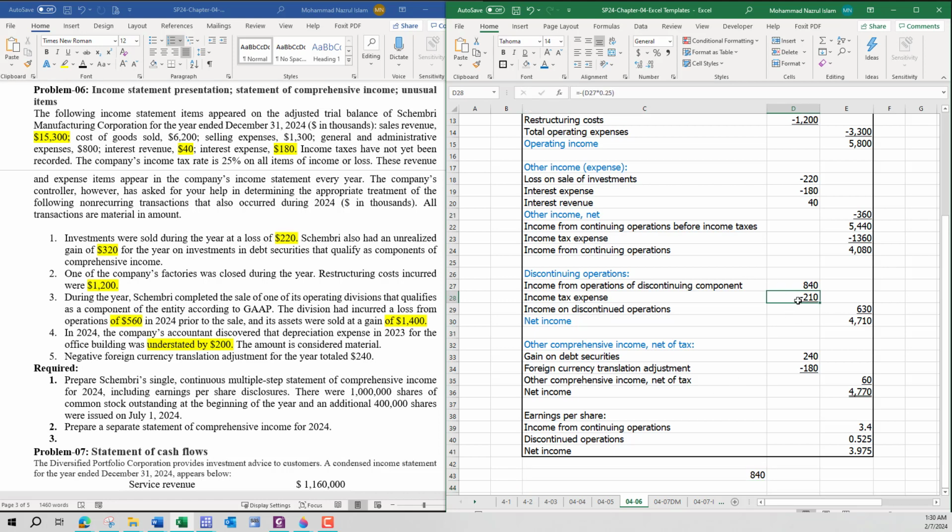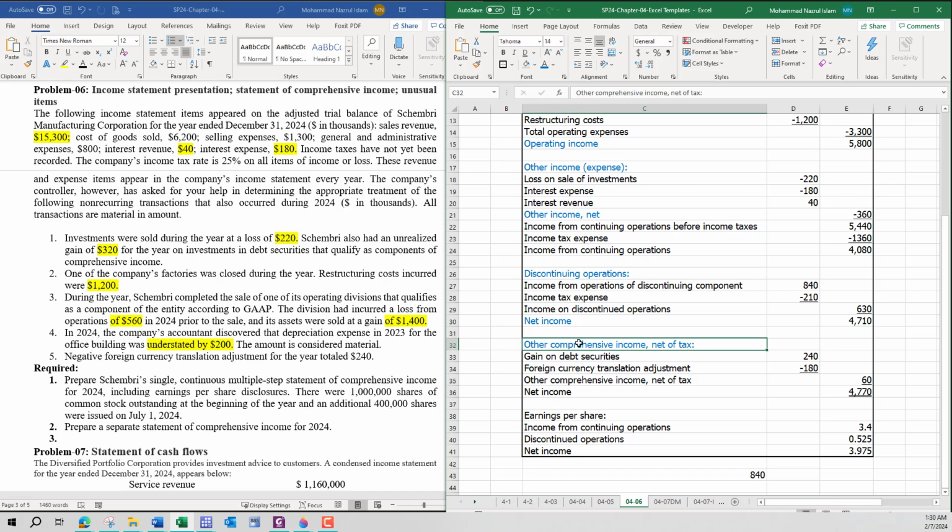Income tax expense is 25% of this 840, and the net is 630 positive. The net income should be the sum of these two.